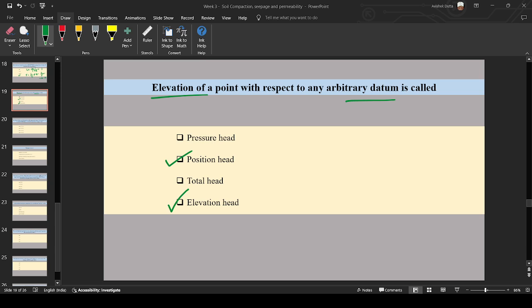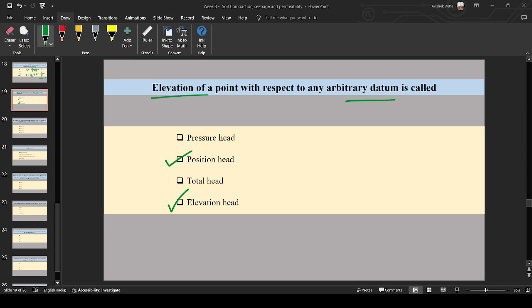Now in the next question, the same question with a bit of twist. I have asked to solve the hydraulic head. So again here we have G and E. So hydraulic head that would produce quick condition. When quick condition is produced in a sand, that means it has reached the critical hydraulic gradient.